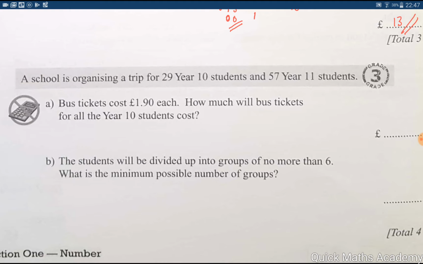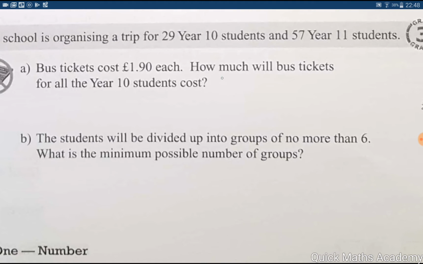Okay, so basically, we just have to calculate the year 10 students. They are 29 students, and each ticket costs 190, so we do this multiplication, and that's it.